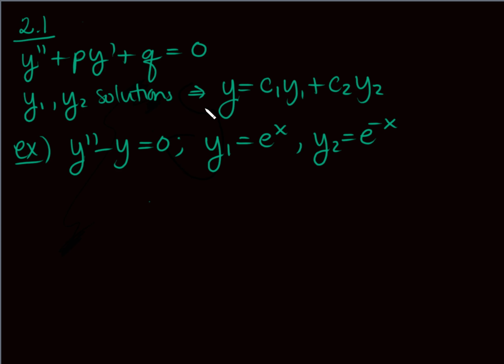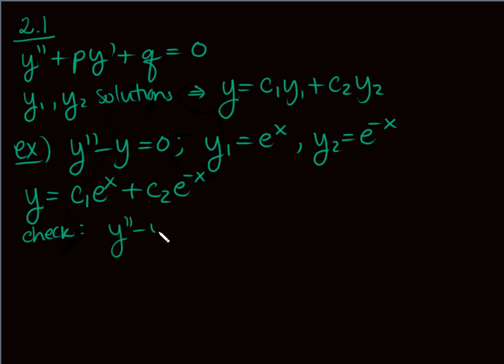So again, what does this tell us then? That if I have y equals c1 y1, which is e to the x, plus c2 y2, which is e to the negative x, that is a solution. How can we check this? I'm going to start with one side of the equation. What would the second derivative be? Well, y primed would be c1 e to the x minus c2 e to the negative x.